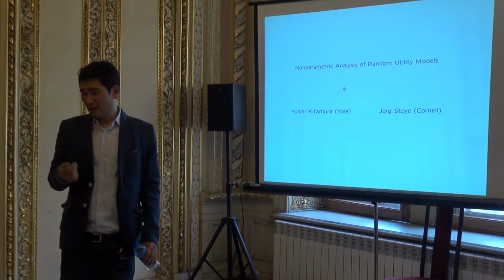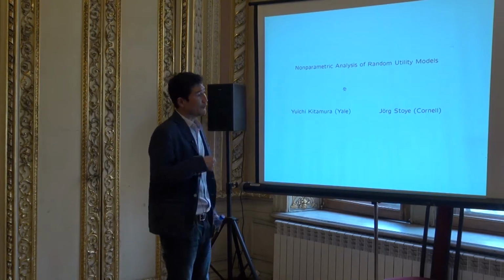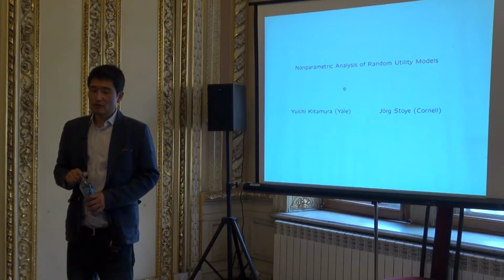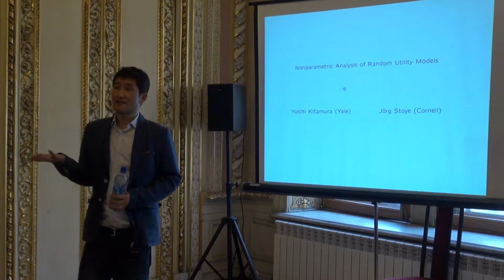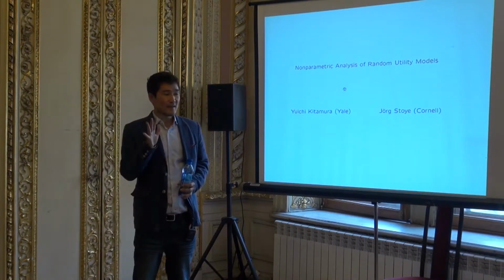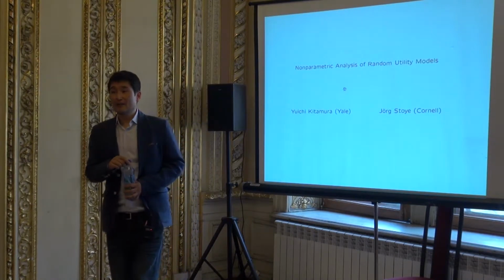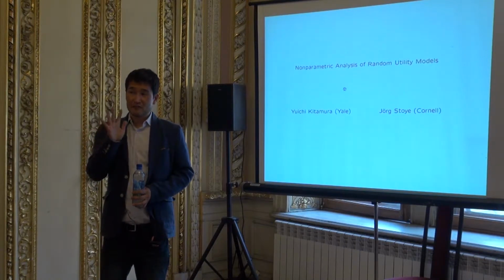Anyway, as Hakan mentioned, this paper is joint with York Stoy at Cornell. What we are doing here is basically, so this is the historic part. There's this line of research, a classic line of research initiated by McFadden and Richter.